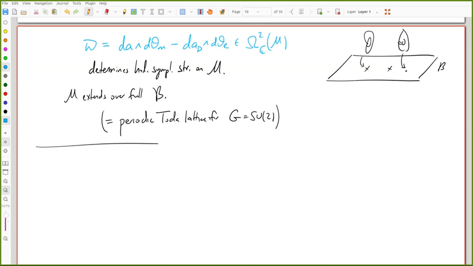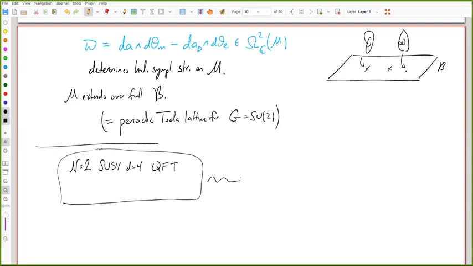Right. So what we've been talking about in the last few lectures is an old story, but a pretty story, of starting from an N=2 supersymmetric D=4 quantum field theory and producing a complex integrable system.